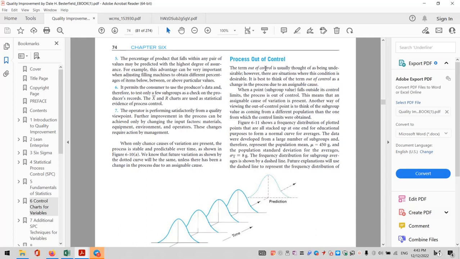The term out of control is usually thought of as being undesirable. However, there are situations where this condition is desirable. It is best to think of the term out of control as a change in the process due to an assignable cause.